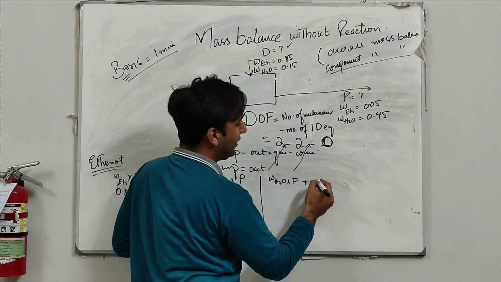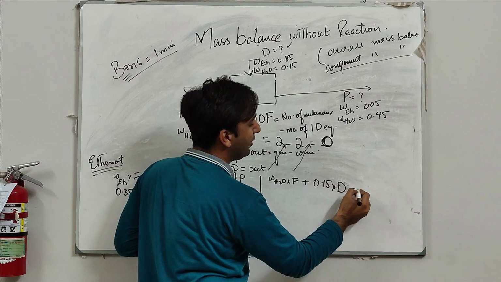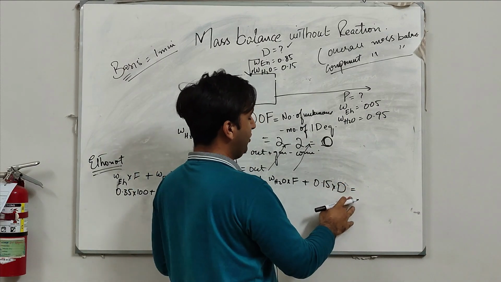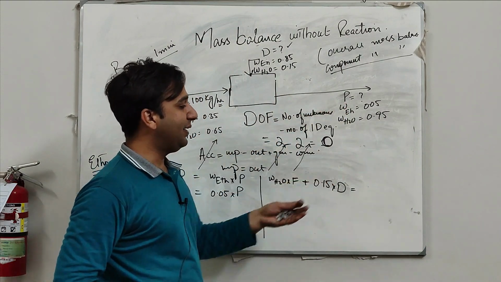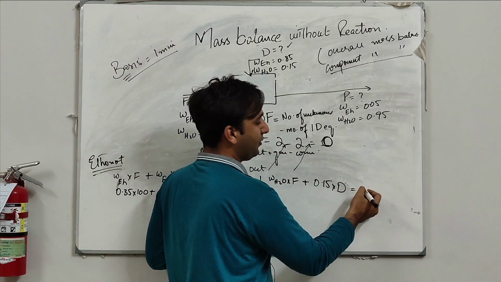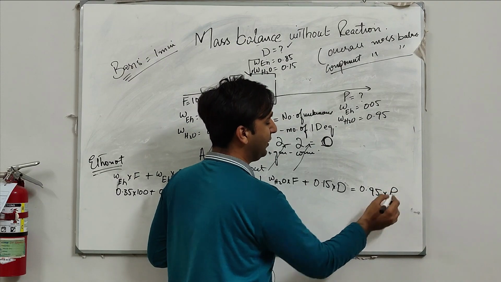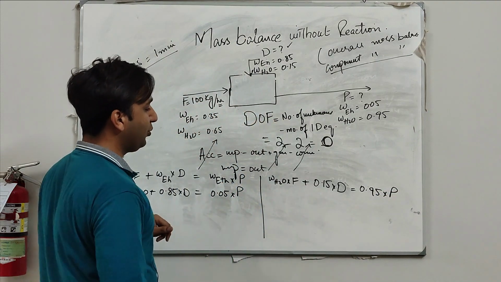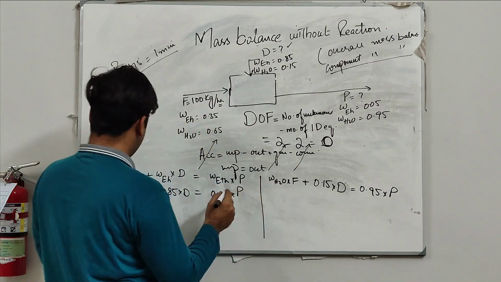So water 0.15 multiplied by D, which we don't know, is equal to, now P is our product leaving, so it is negative, so it will be written on the other side of the equation. So it is 0.95 multiplied by P. So now you can see that two linear equations have been formed.